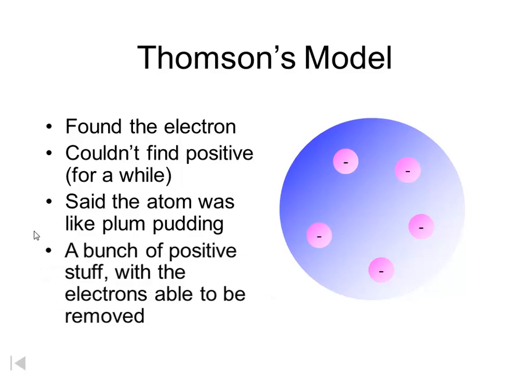So don't take this down. I'll tell you what's important. They called it the plum pudding model of an atom. This is where we came up with the idea that the atom had different parts, an atom part and an electron part. He kind of envisioned the atom like, I call it the chocolate chip cookie model. Imagine your chocolate chip cookie right now. I'm sorry to do that before lunch.